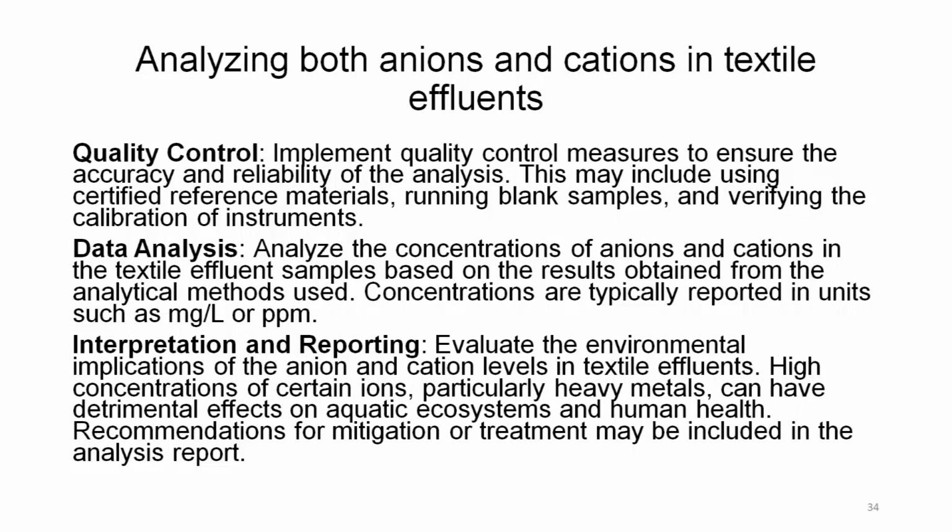Interpretation and reporting. Evaluate the environmental implications of the anion and cation levels in textile effluent. High concentration of certain ions, particularly heavy metals, can have detrimental effects on aquatic ecosystems and human health. Recommendations for mitigation and treatment may be included in the analytical report.